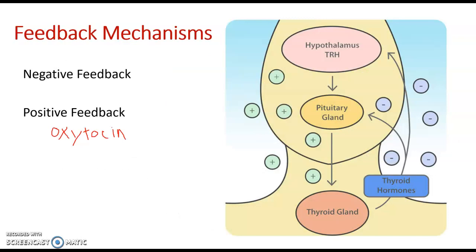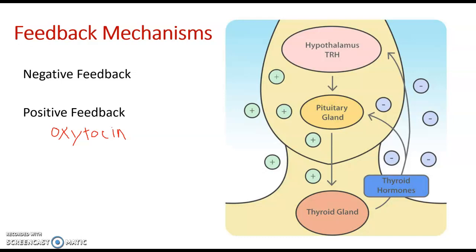And lastly, we want to know the difference between negative feedback and positive feedback mechanisms. This is really how the concentration of hormones is regulated within our bloodstream. The majority of hormones are regulated by a negative feedback mechanism.